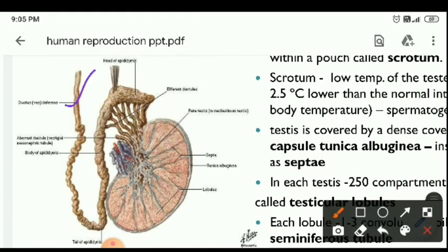So this part is the vas deferens, this part is the epididymis, then the vasa efferentia, then the rete testis, then the tubulus rectus, and then the seminiferous tubules. Okay, now we understand the points included in the testis.